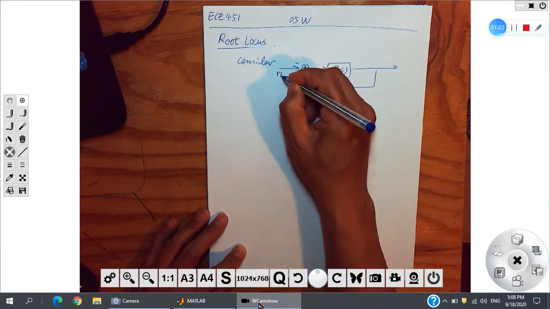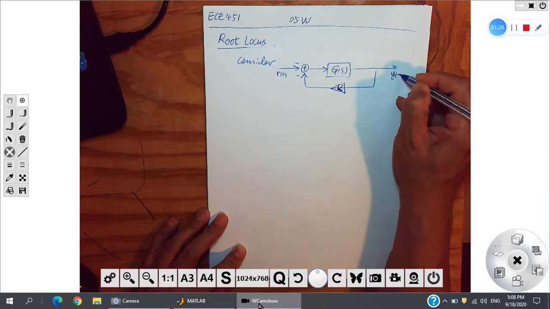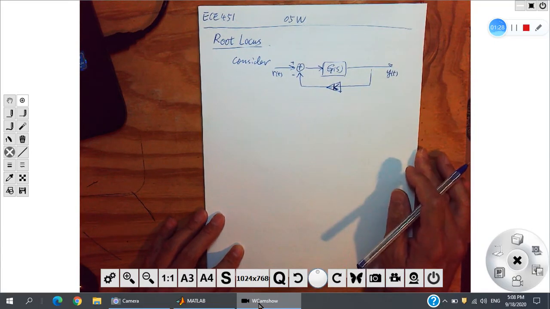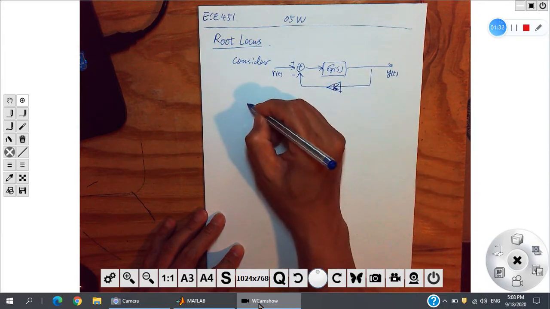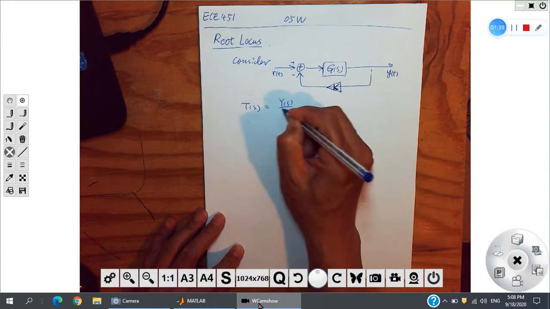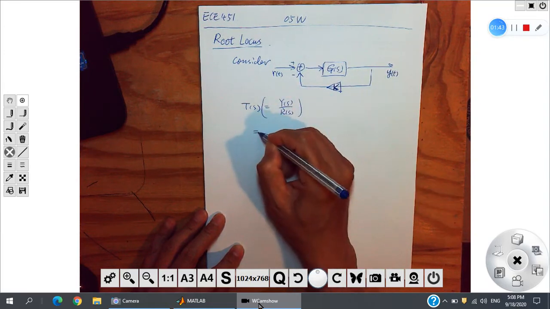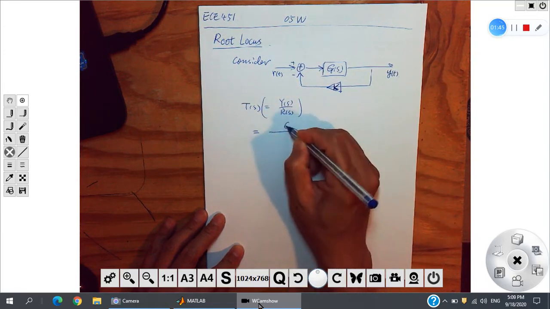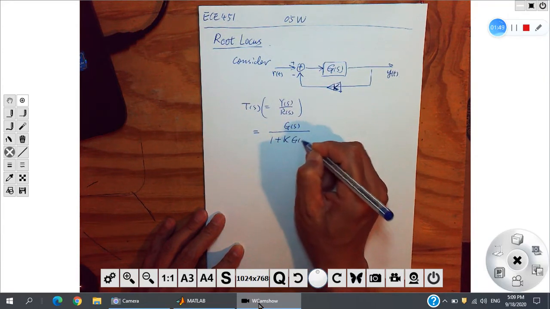This is the input R, this is the output Y. Then we have T of S, the transfer function of the whole system, which is Y over R. This one equals G of S over 1 plus K times G of S.